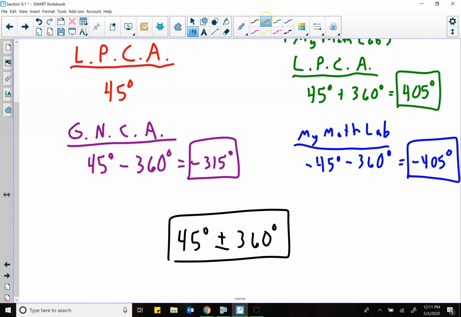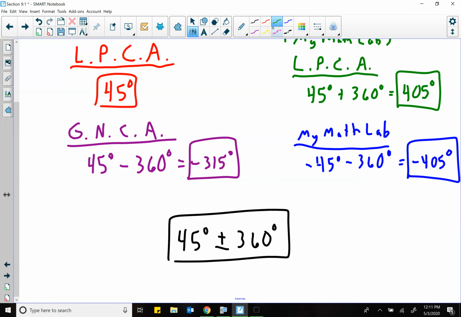For this, if the angle they give you is really, really big, like 1,000. Let's take this example.